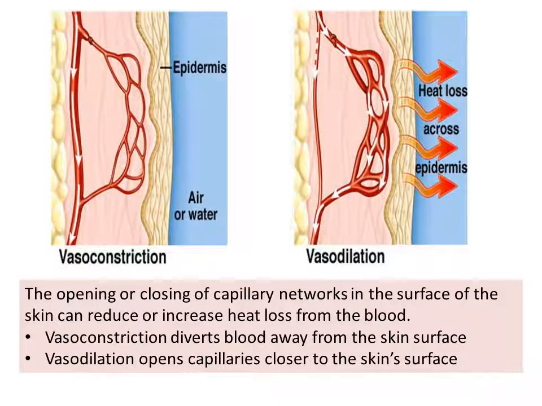One of the biggest contributions is the way in which the blood flow changes to the skin, and this is by these two processes of vasoconstriction and vasodilation. You probably came across them at GCSE. So vasoconstriction is when blood is diverted away from the skin surface.